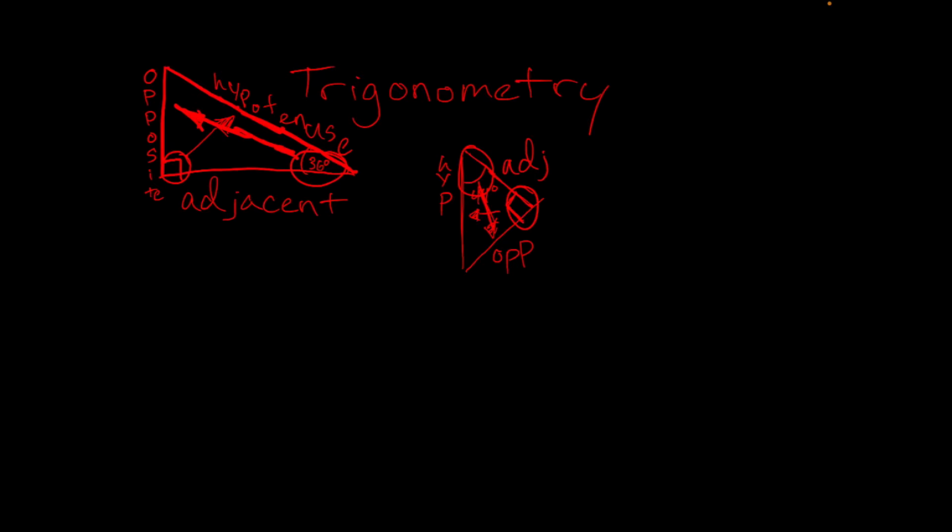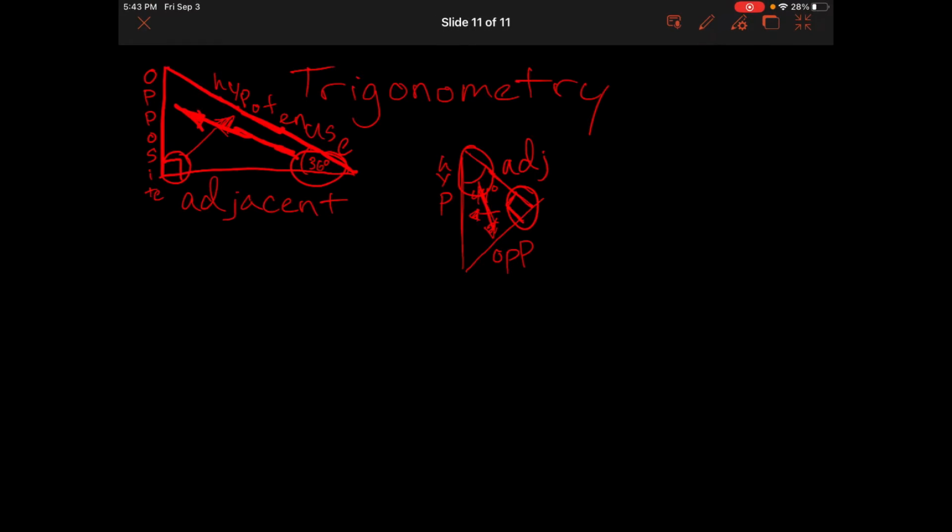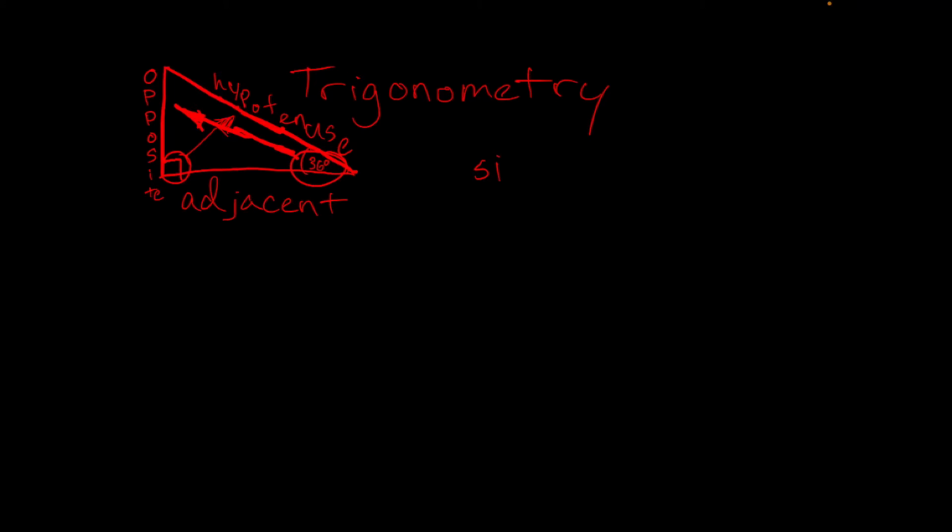So now I'm going to show you a few trigonometric functions. Here are the three most common trigonometric functions you'll come in contact with: sine, cosine, and tangent. The way these functions work is we're going to input theta, which is the given angle.